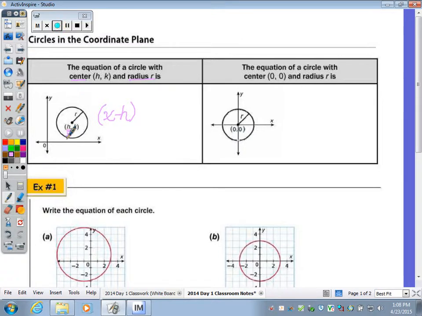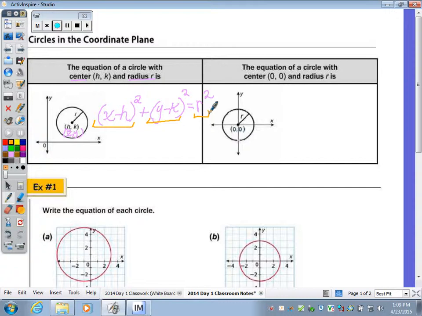So you subtract the x value of the center, you square it, you add to it y minus k, which is the y value of the center. You square that, and you set it equal to r squared. Notice the format, and this is the only hint I'm going to give you. This is something squared plus another term squared equals a third term squared. So you can think about that if you want to derive it.